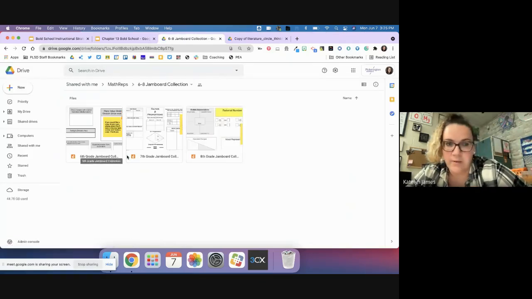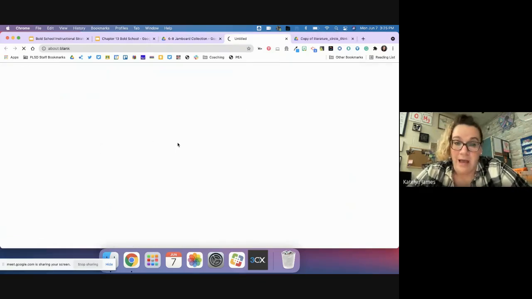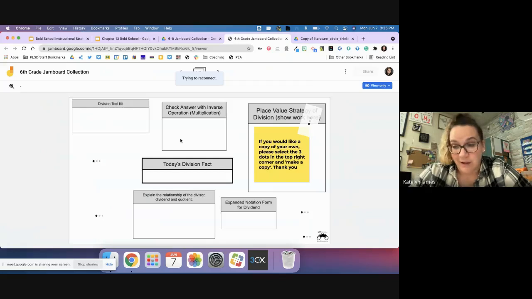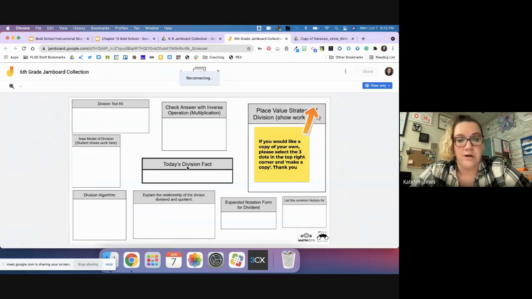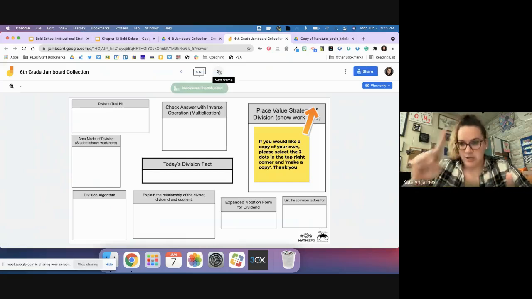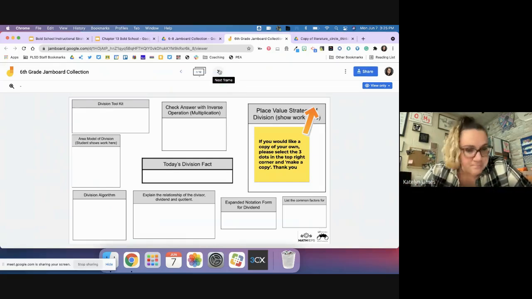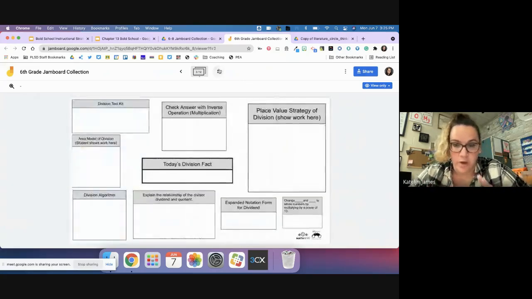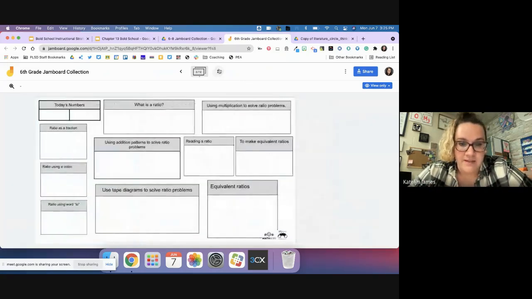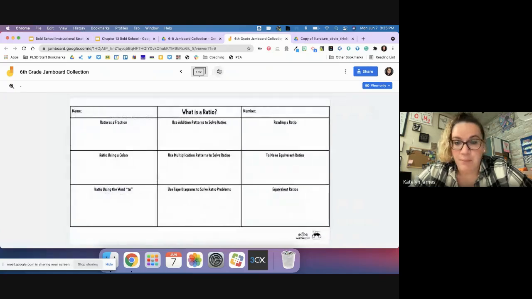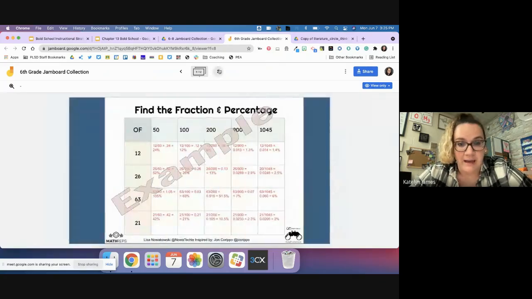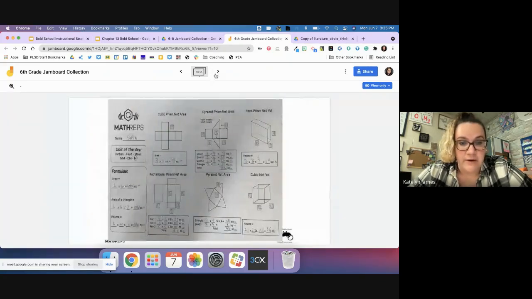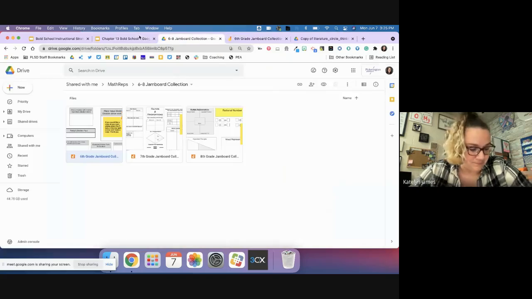But what I would do, I know I love using Jamboard, but for a spaced practice, I would probably take a screenshot of this and put it on a Google slide so that each kid could have their own differentiated one. These are really great math practice to go back, and they're all a little bit different. So I really liked these.